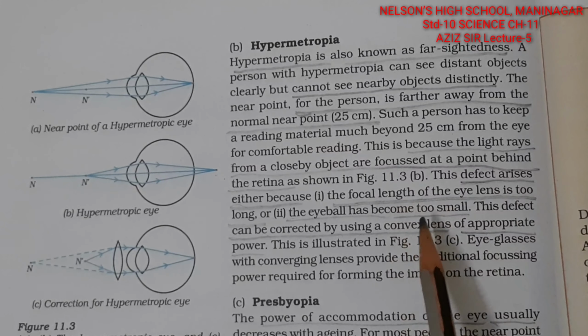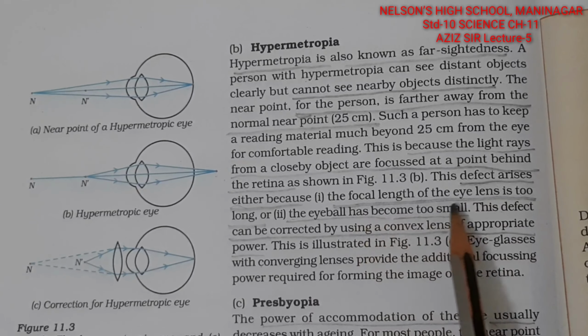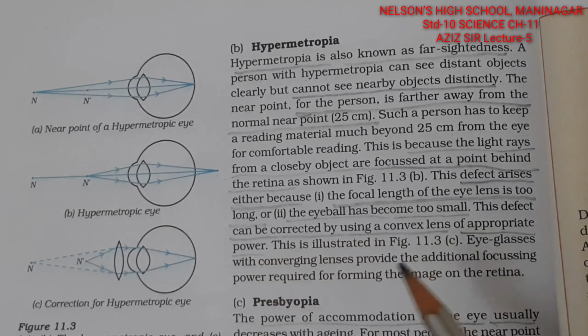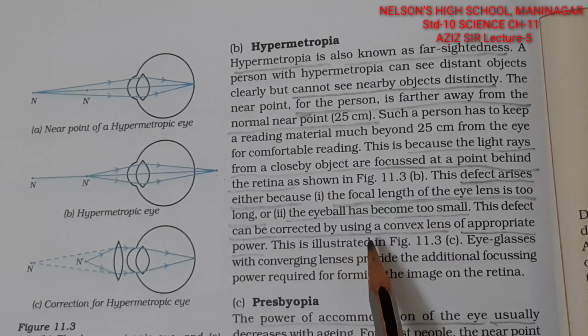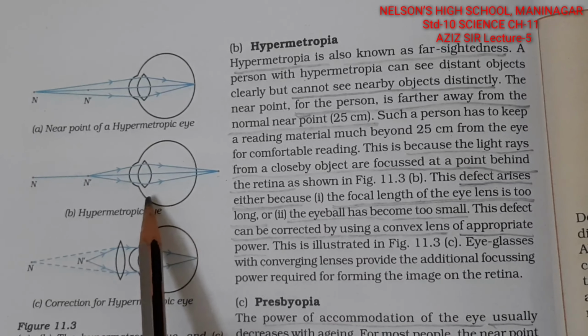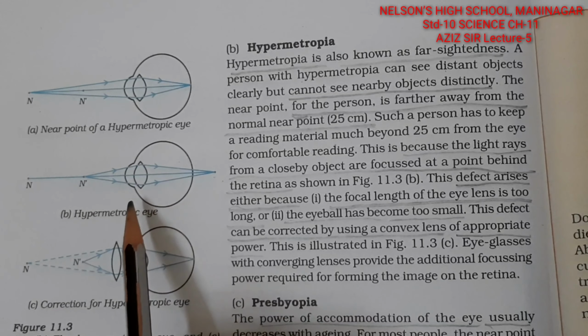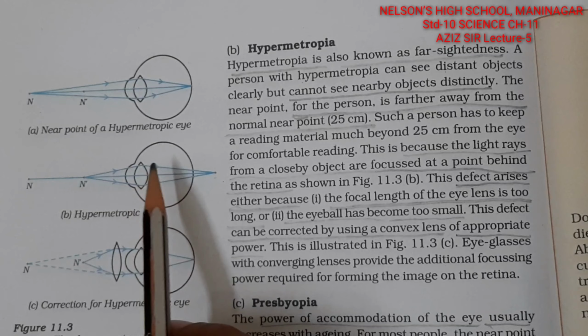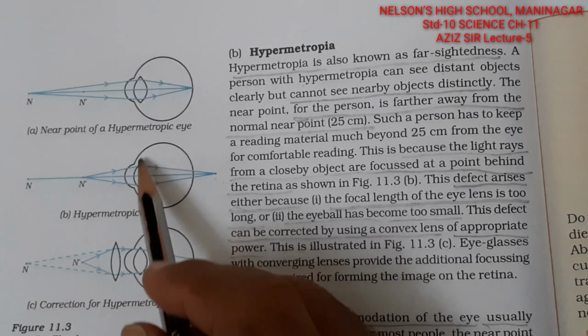This arises from two things: the focal length of the eye lens is too long, and secondly the eyeball becomes too small, that means the eyeball shrinks. In common language, the ciliary muscles cannot pull.